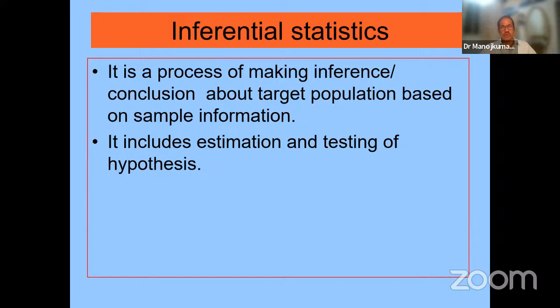Suppose the company has two products, product A and product B. Based on prior studies, they are of the opinion that product A is more popular in rural areas and product B is more popular in urban areas. So they want to test whether the findings from these samples really exist in the target population also, so that accordingly they can plan their production process. So this is about testing of hypothesis.